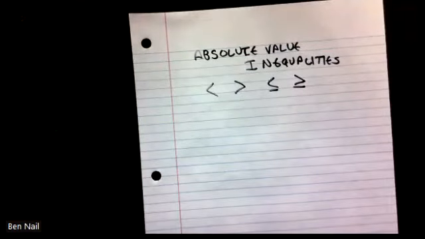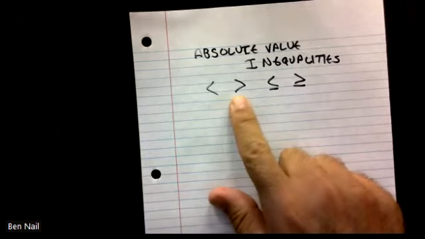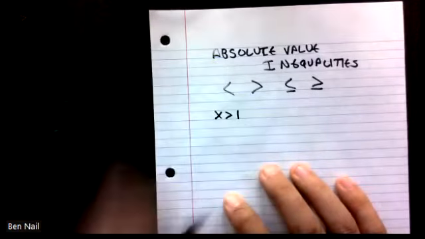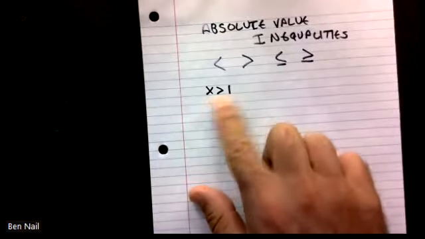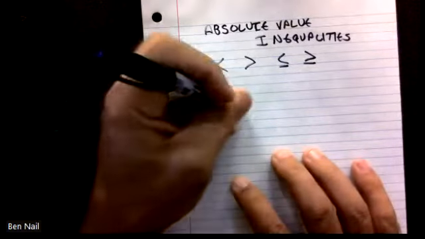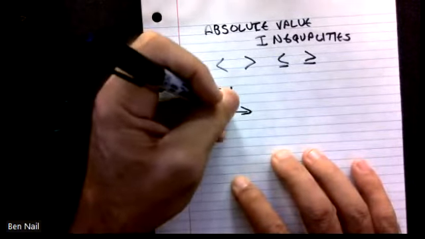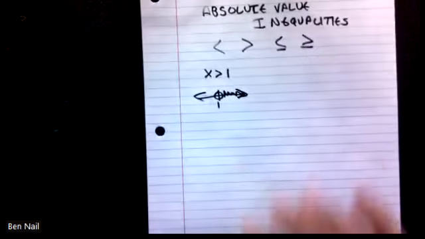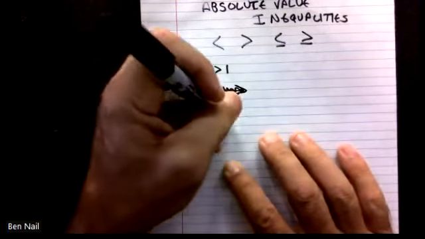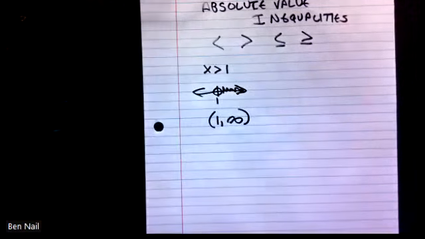Okay. And also remember, just like last time, when you're dealing with inequalities, there's a few different ways to show your solution. You can do your solution as an inequality, as a graph on a number line, or in interval notation.